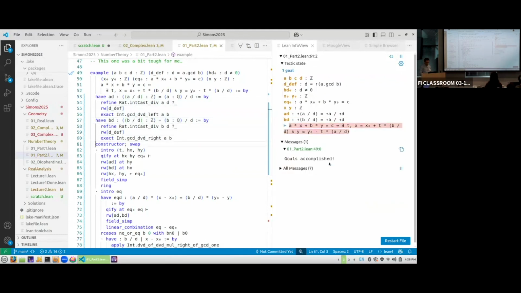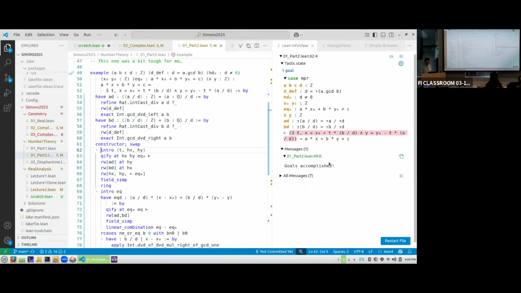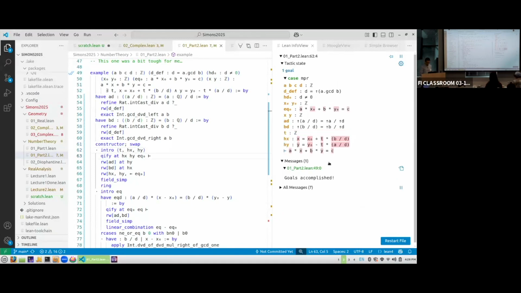And now we split into the two directions. I decided to swap the goals because the easy direction is to show that if there's a T with this property, then this equation holds. So we do that. And then we have these two hypotheses.